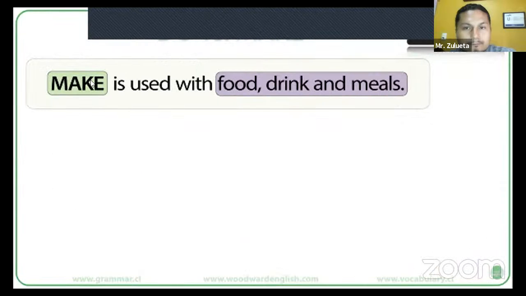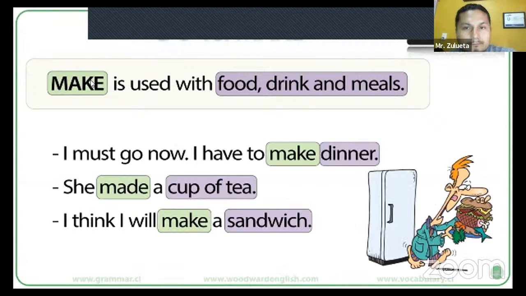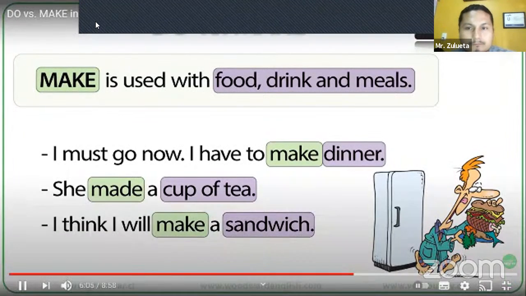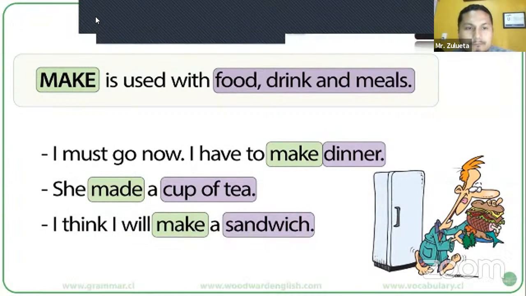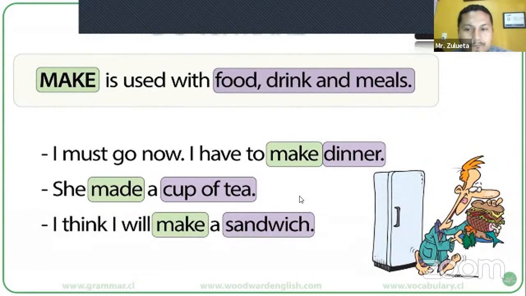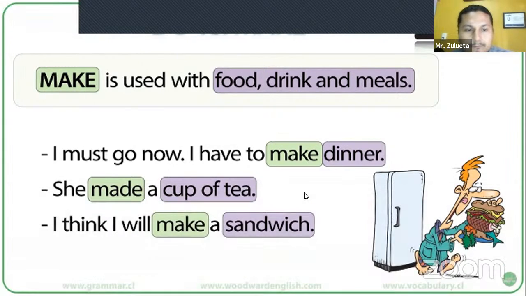We use make with food, drink, and meals. I must go now. I have to make dinner. Make is used with meals. You make breakfast, you make lunch, and you make dinner. She made a cup of tea. Tea is a drink, and we make a drink, so we make a cup of tea.